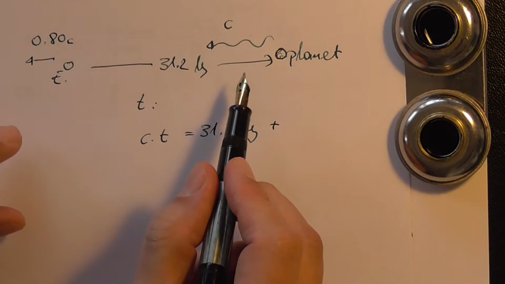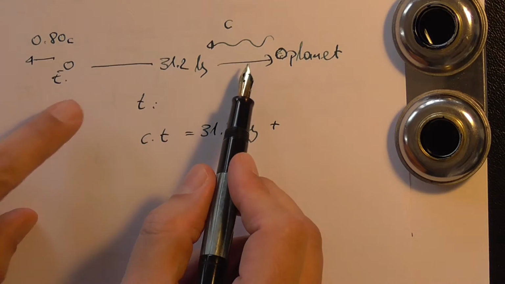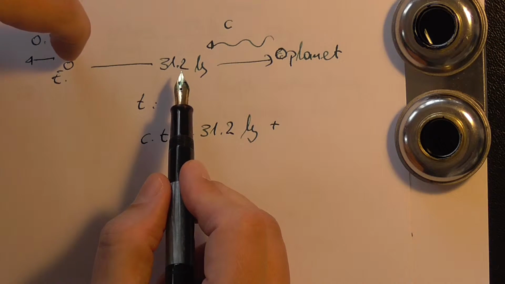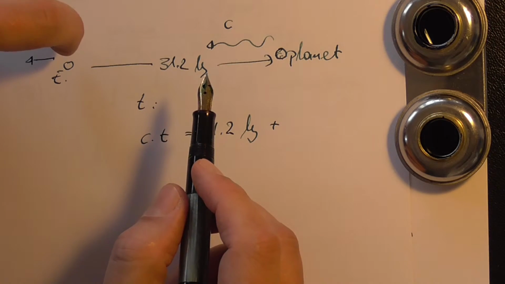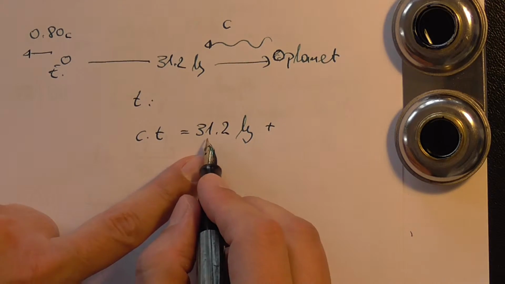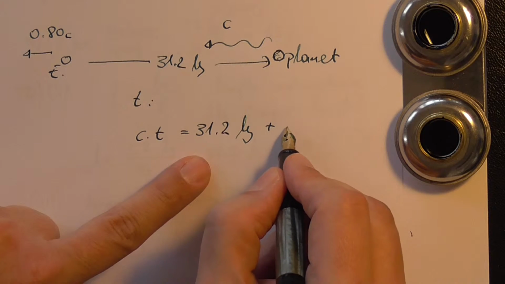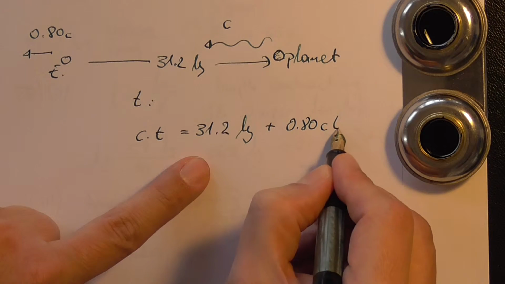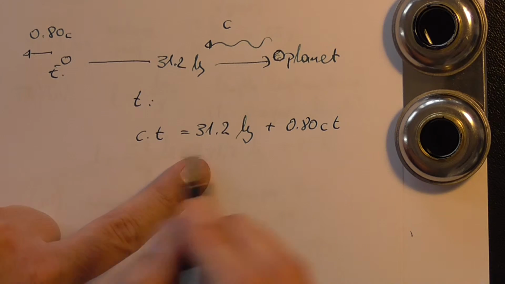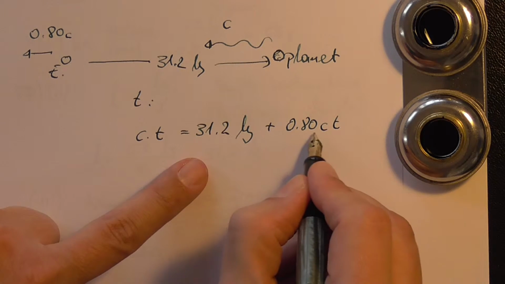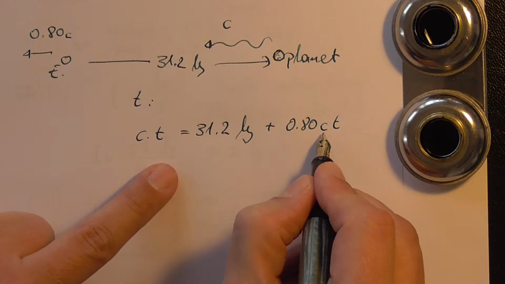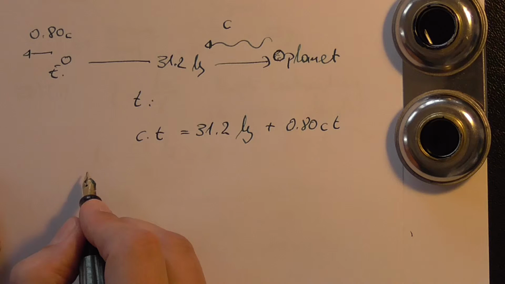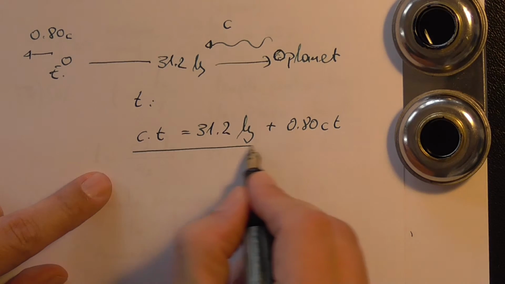So during this time, the radio signal has to cover this original distance, 31.2, plus however distance Earth has traveled backwards. So to this 31.2 light years, I have to add 0.80 ct. Because this is the speed the Earth is receding from the spacecraft, 0.8 c. And for that time t, this will be the distance the Earth will move backwards. And then, once you do this, basically you're done.